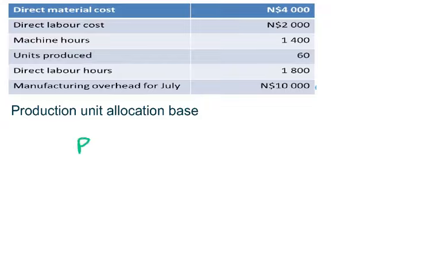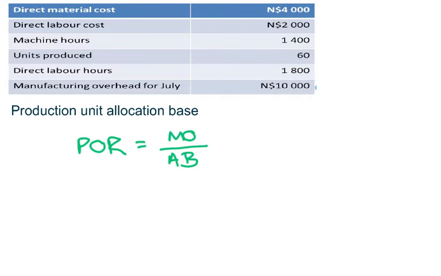Remember then, POR, I will take my total manufacturing overheads divided by my allocation base. Also very important that we remember this is not actual numbers. These are only planned or budgeted numbers.